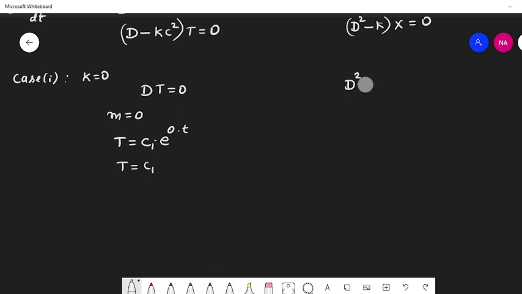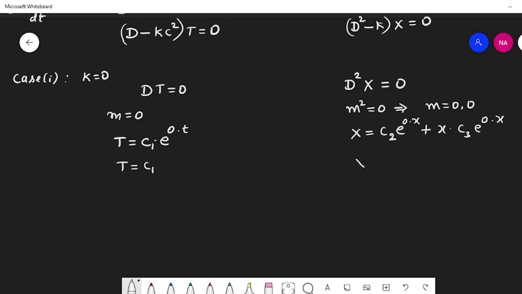If you come to this side, it will be D square minus k. I am assuming k is 0, right? So D square X equal to 0. So the auxiliary equation is m square equal to 0. That implies m equal to 0, 0. So you get capital X equal to C2 into e power 0 into x plus, since we have repetition of root, x into C3 e power 0 into x.